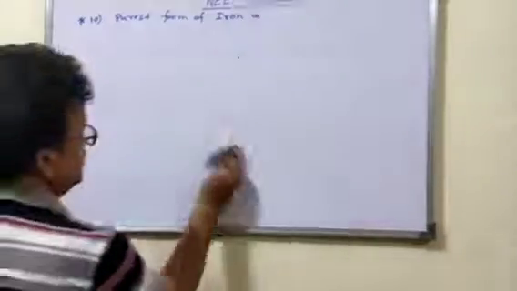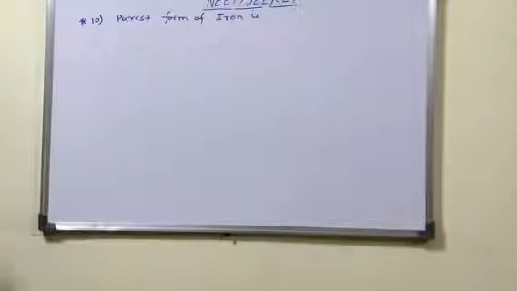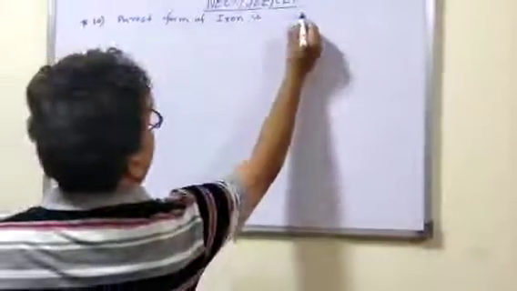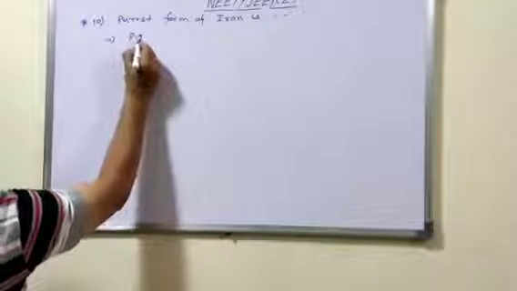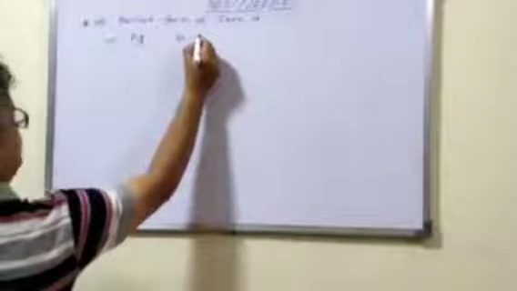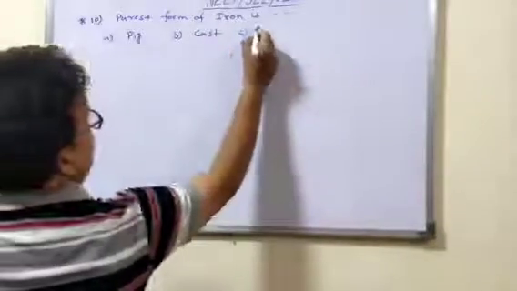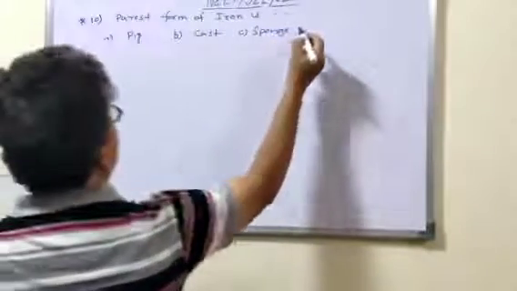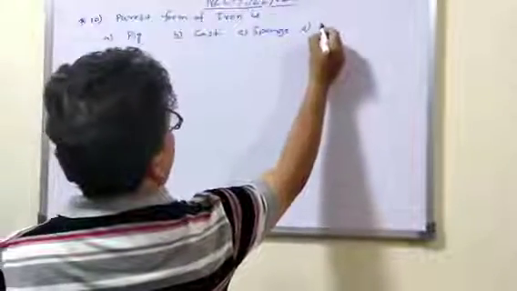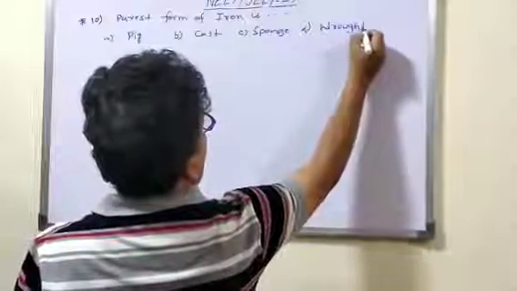What is the question asking? Which iron is the purest form? Option A, pig iron. Option B, cast iron. Option C, sponge iron. Option D, wrought iron.